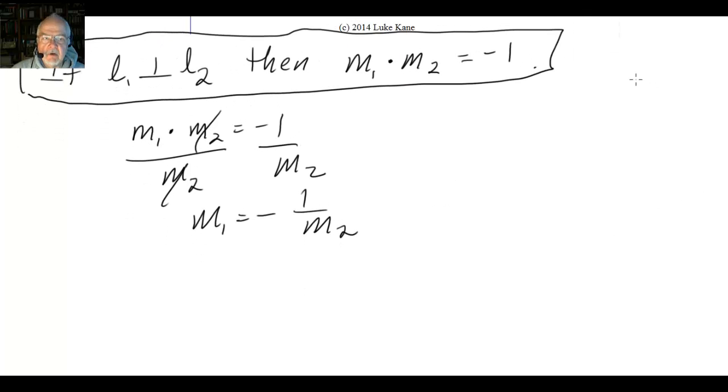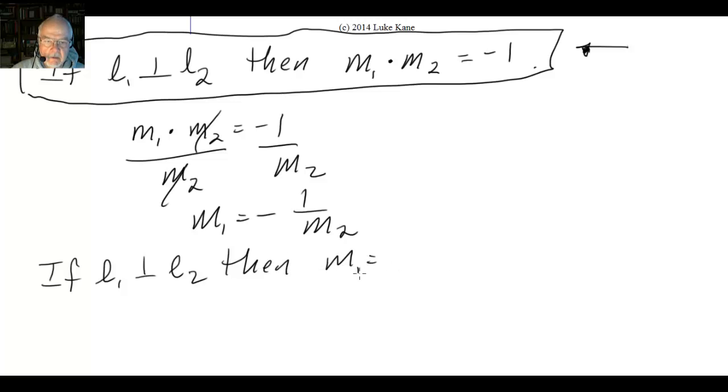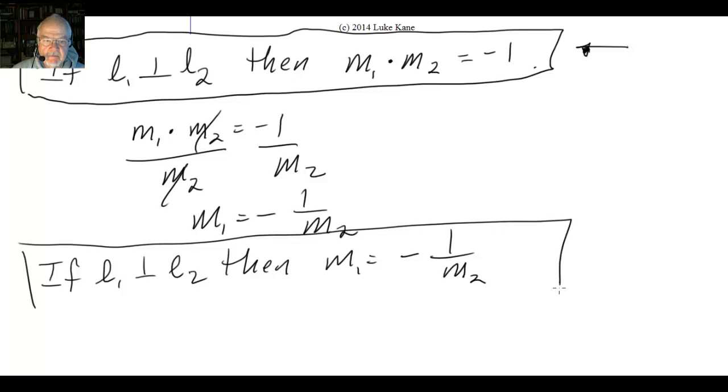So I can rewrite this theorem by saying if line 1 is perpendicular to line 2, then the two slopes are negative reciprocals. That is, I flip the second slope and I multiply it times minus 1. And this is an equivalent form of that.